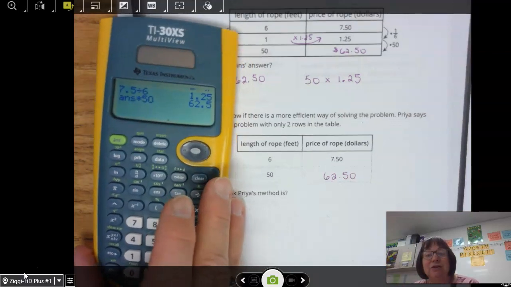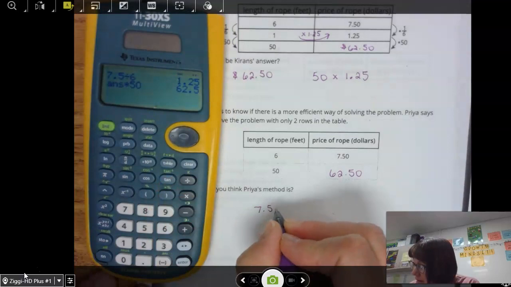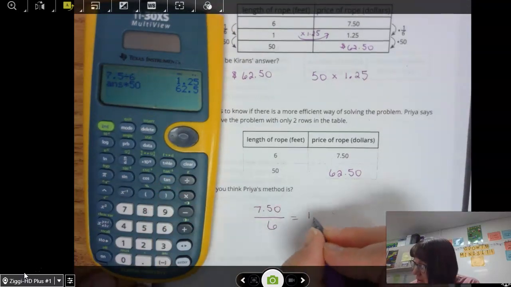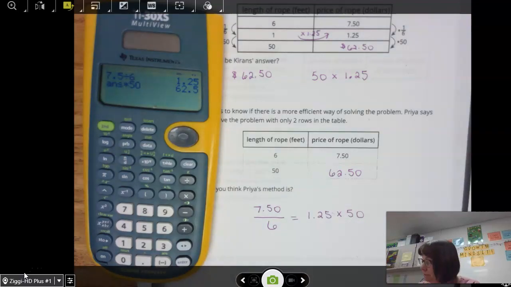Okay, so again, let's write down what Priya did. Priya took $7.50 and divided it by 6, which was $1.25, her price per foot, and took that times 50.